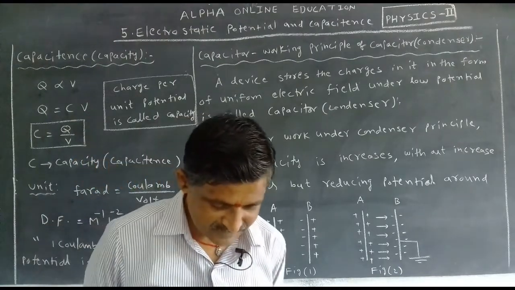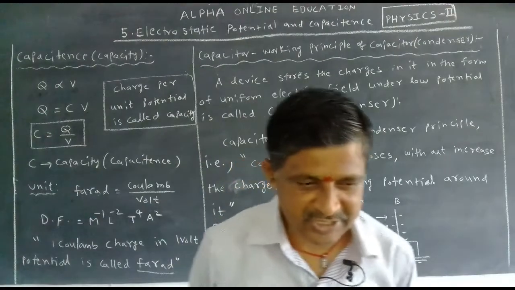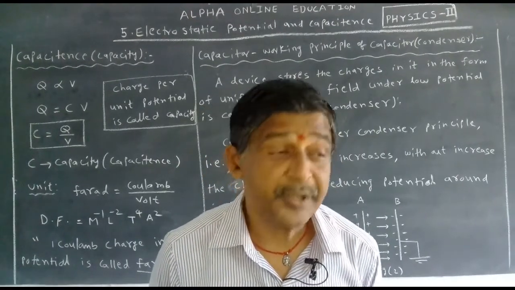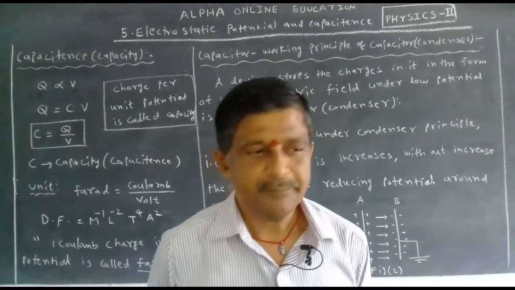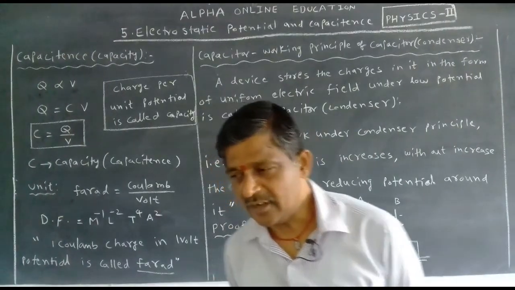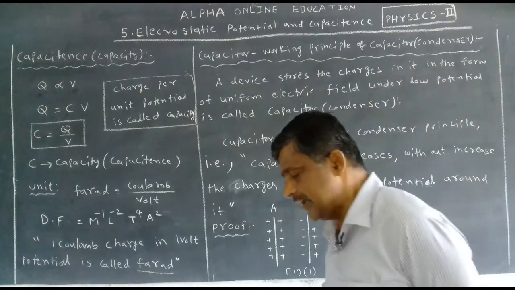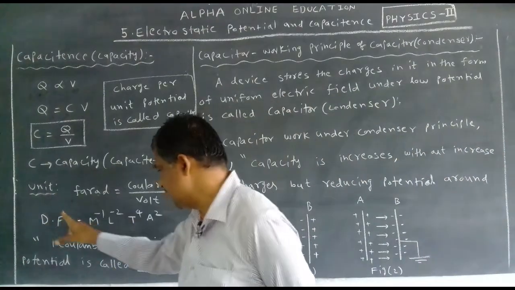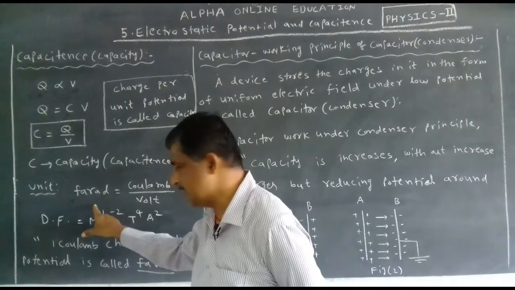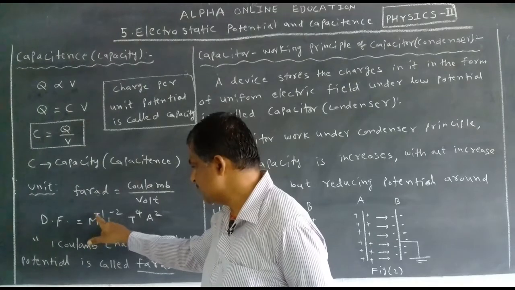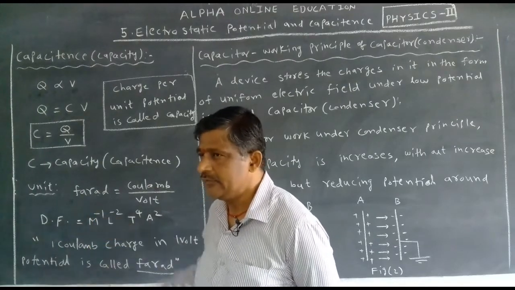We already studied a similar speciality in the previous chapter, that is permittivity. The permittivity is denoted by epsilon naught. In the dimensional formula of epsilon naught and of capacity, the mass dimension is negative.